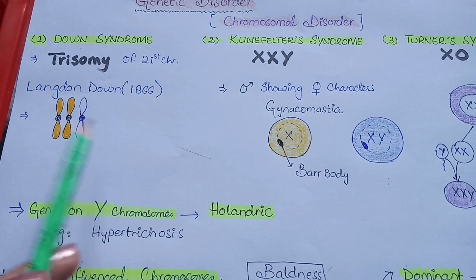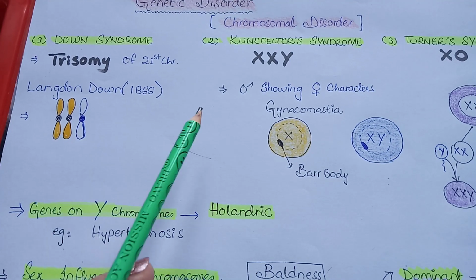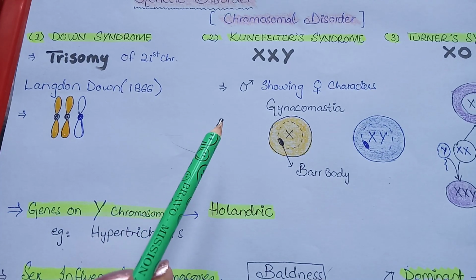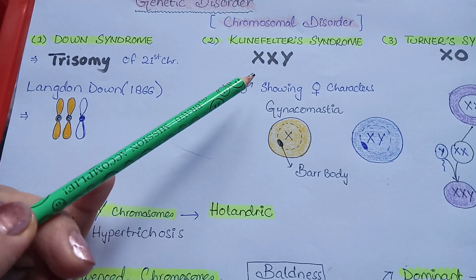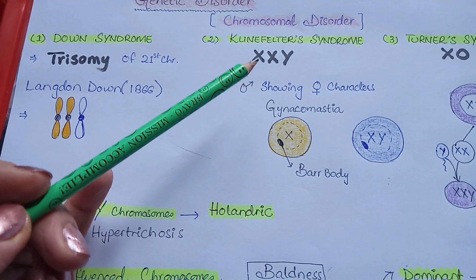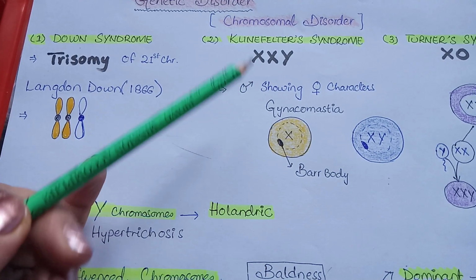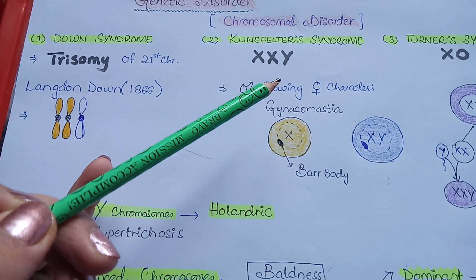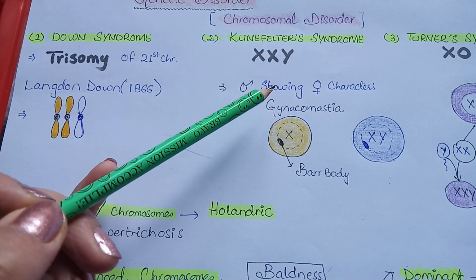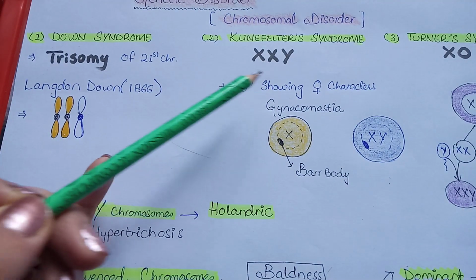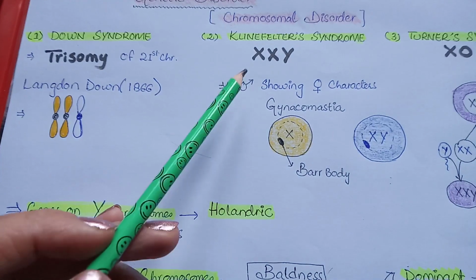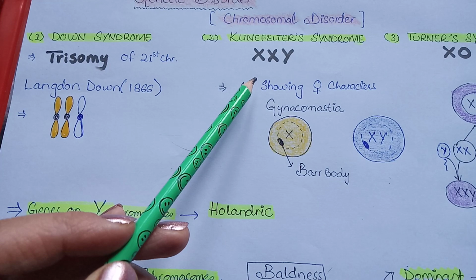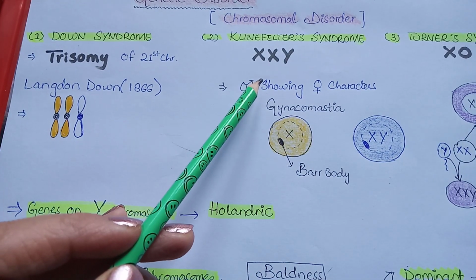So that's one. The second disorder that we want to discuss in the chromosomal disorder category is Klinefelter syndrome. This condition is due to a sex chromosomal number variation. Here it was an autosome. In a normal individual, the sex chromosomes are XX in females, and if it is XY, it is obviously male.